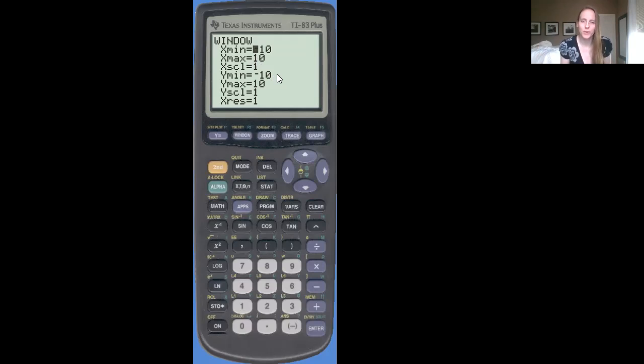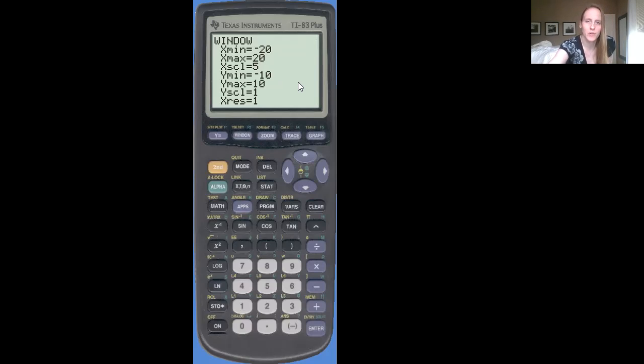So if you plot your graph and it's not showing up, it might just be that your scale is too narrow. You're too zoomed in on the graph. So you can always come back to this window and change it. If I wanted to, I could change it to -20 to 20 and go up by 5s or something like that.